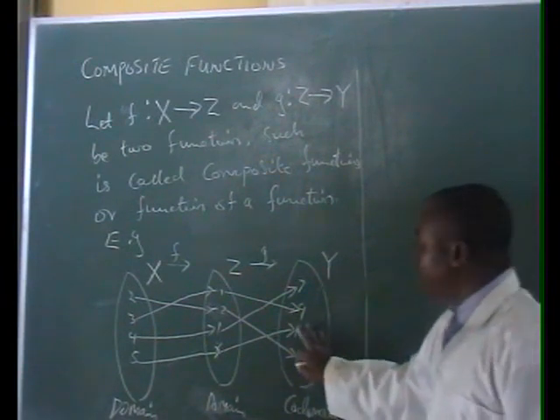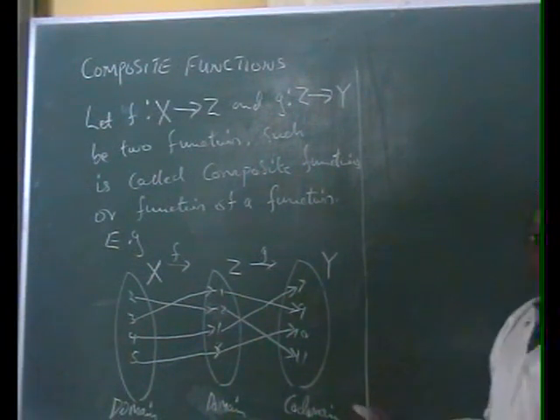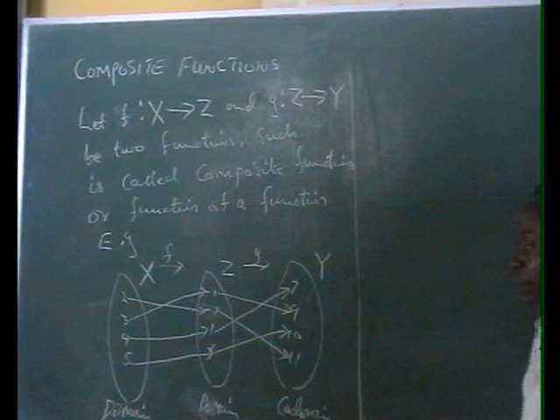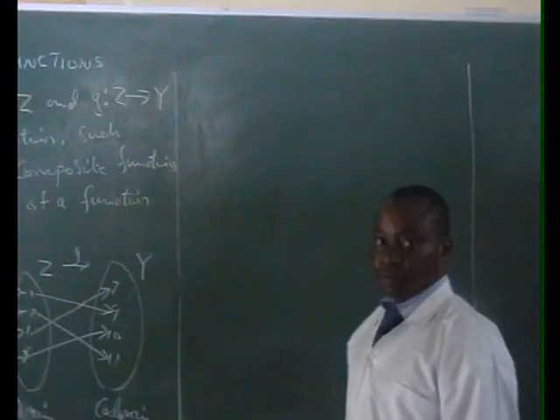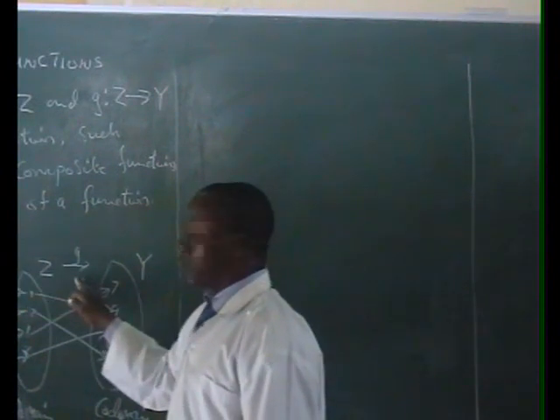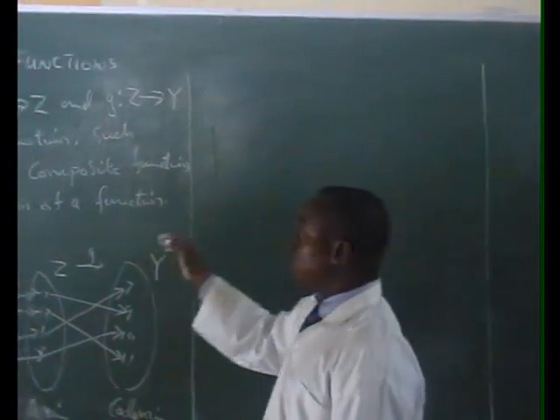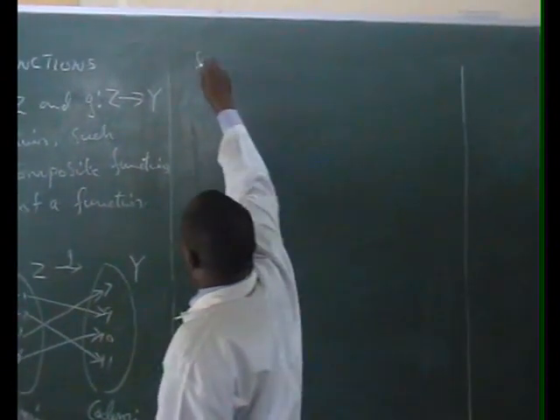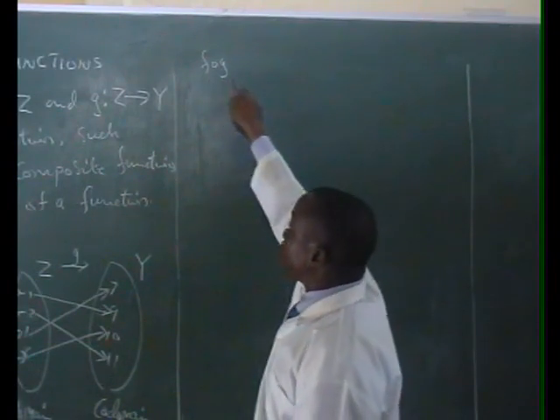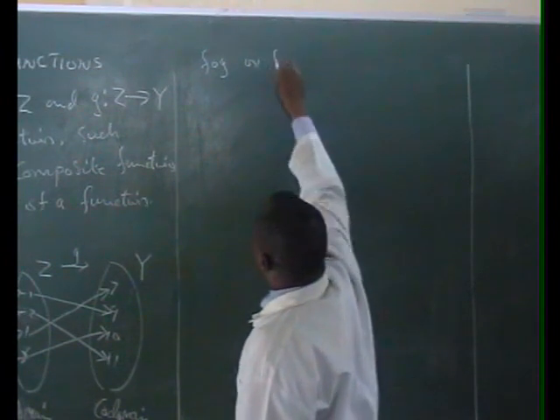Now we are going to see how we are going to transfer this and put in algebraic function and see how we can solve problems related to composite function. Now, if f is a function and g is also a rule, so composite function, we can write it in this way: f composite g. That is how we pronounce f composite g.